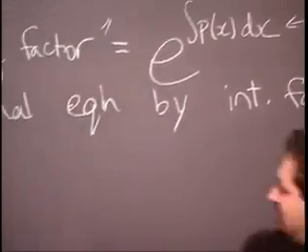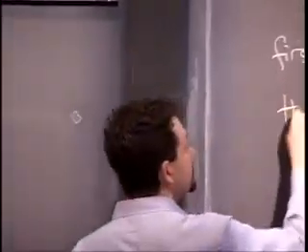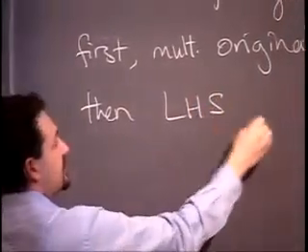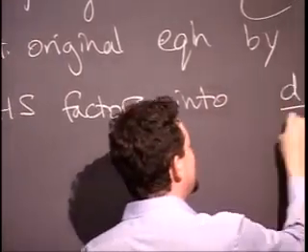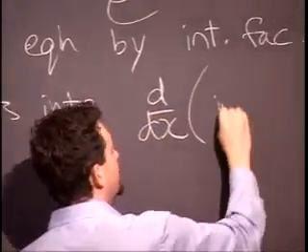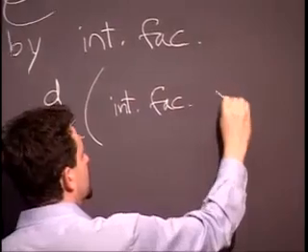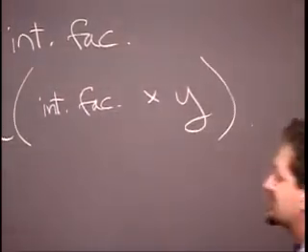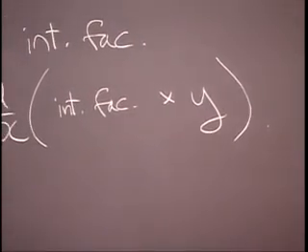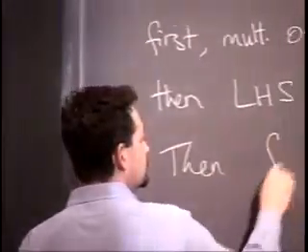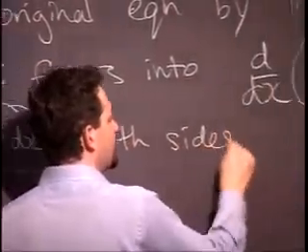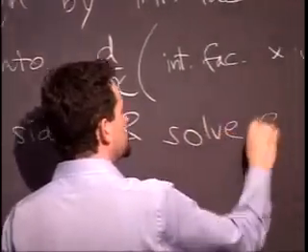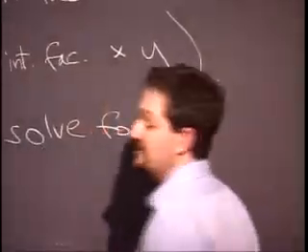And then the left-hand side factors, hence the integrating factor, into d dx of the integrating factor times y. And from then, it's fairly straightforward. Then just integrate both sides and solve for y. You have to divide by the integrating factor to do that.